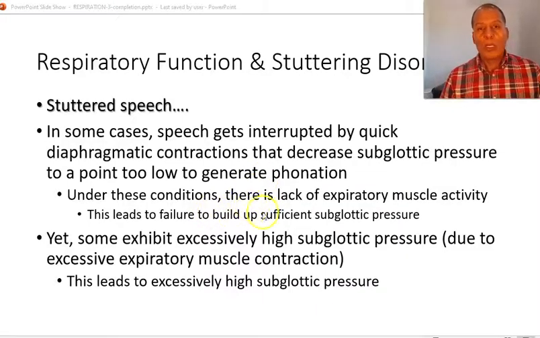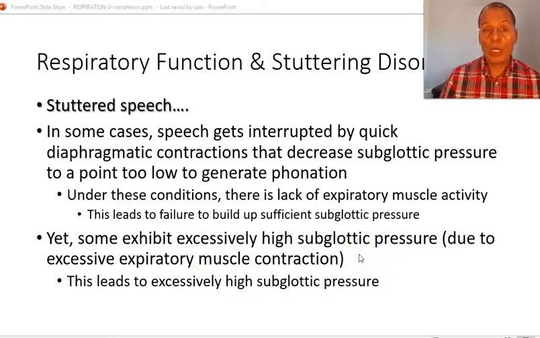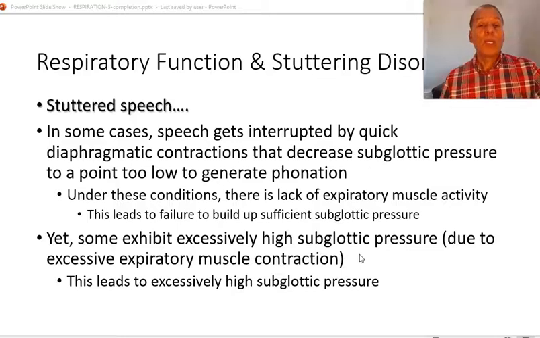So under these conditions, there's a lack of expiratory muscle activity, and that will lead to failure in the buildup of subglottic pressure. And that definitely will make the person kind of gasp for air or stop speaking. In some other cases, the patient may exhibit excessively high subglottic pressure because of excessive muscular activity or contraction.